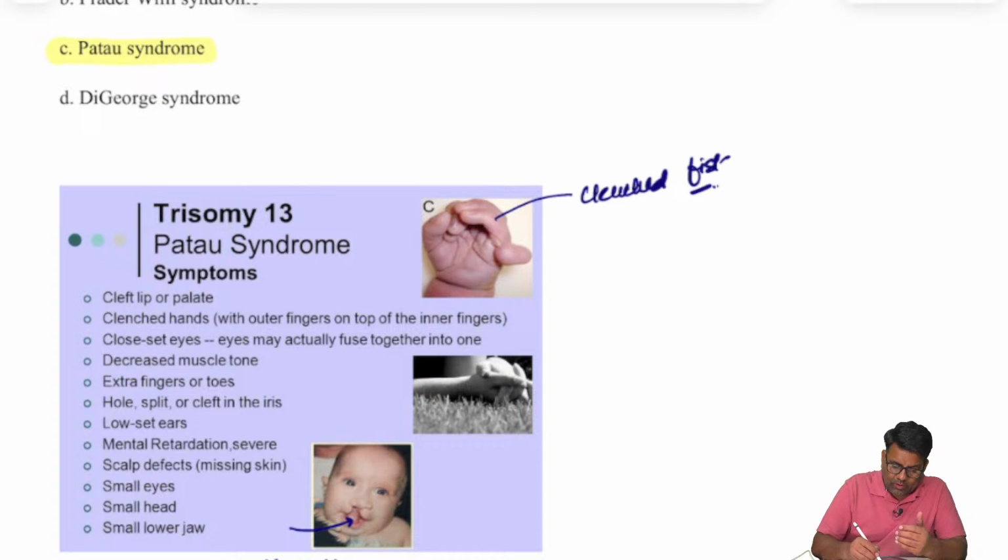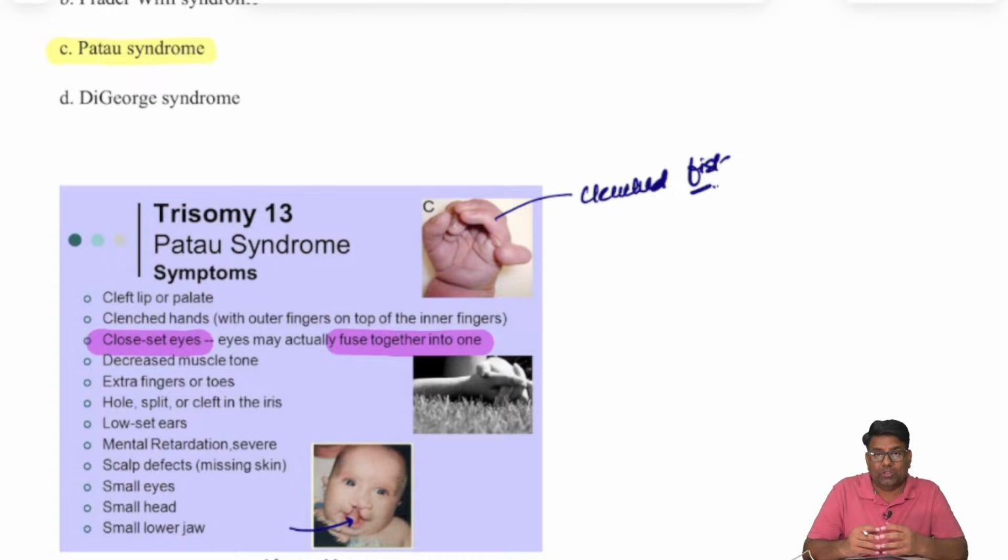And what is more important and what I want to stress is close set eyes. The eyes are closer to each other, and sometimes they fuse together into one. Sometimes you might see a picture in which the child is having a single eye in the midline. So that is a classical picture of Patau syndrome, right?